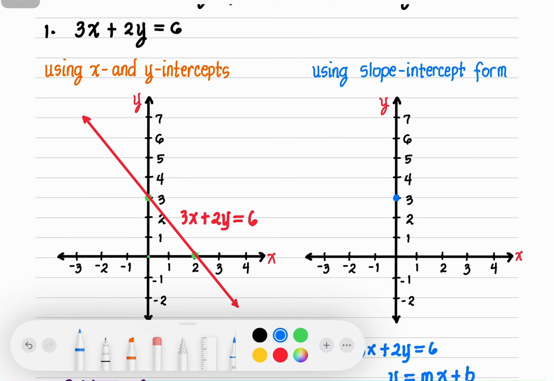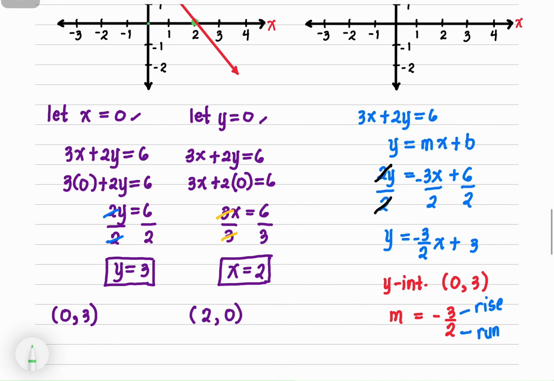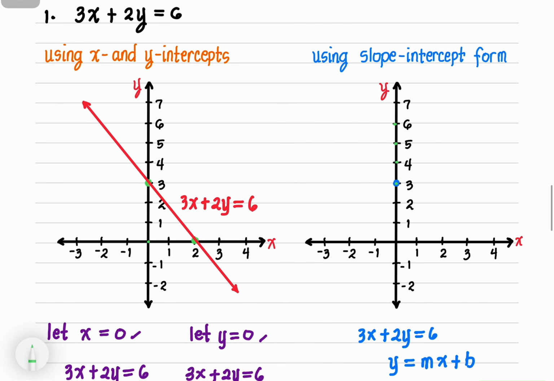Gamit ako ng ibang kulay. From this point, yung reference natin na point dito is yung y-intercept. Rise 3 units upward. Pataas. From this, 1, 2, 3. And then, tandaan nyo, tuldukan nyo lang. Sabi natin sa rise over run, which is 2. So, mag-run tayo ng 2. Sabi ko kanina, nung pinapaliwanag ko, si slope ang makakapagsabi kung saan direction tayo pupunta. Either rising to the right or rising to the left.